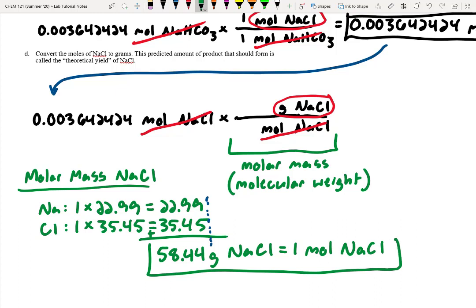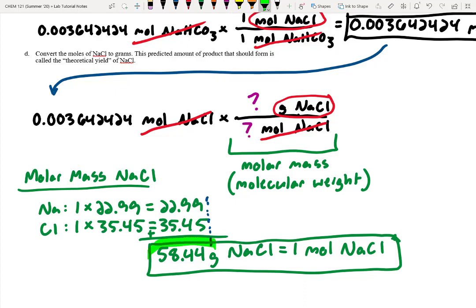A lot of this should look familiar from our work when we were doing conversions with Avogadro's number and atomic and molecular weights. Okay, so now the question, going back to our initial problem, is what number goes on top here and what number goes on bottom here?